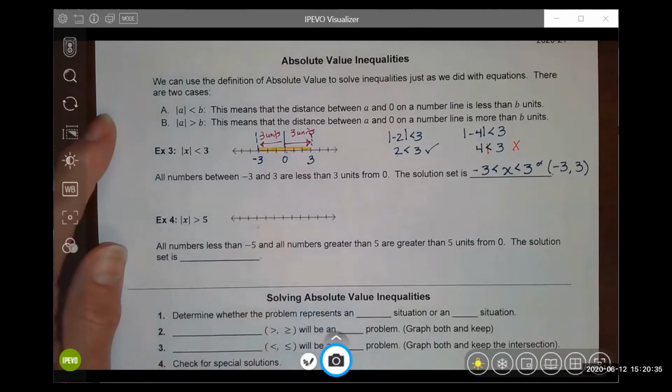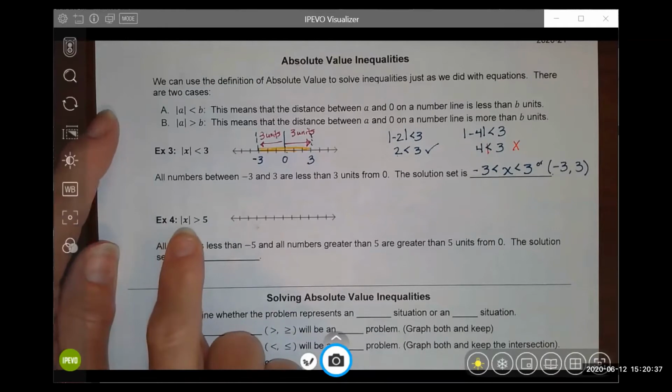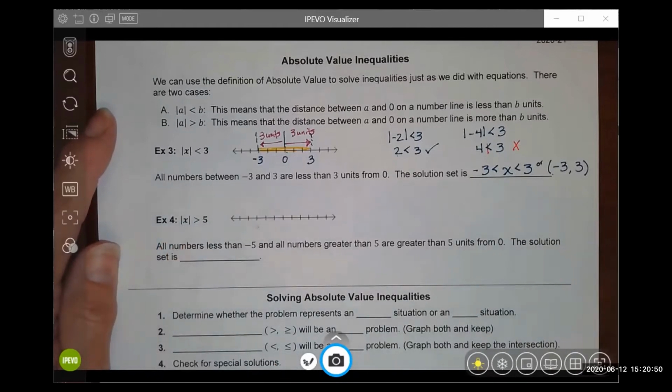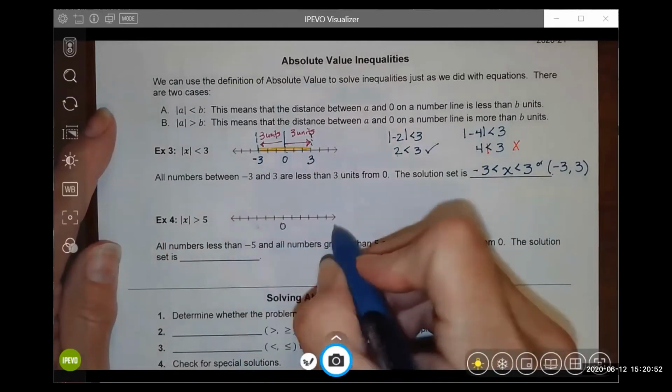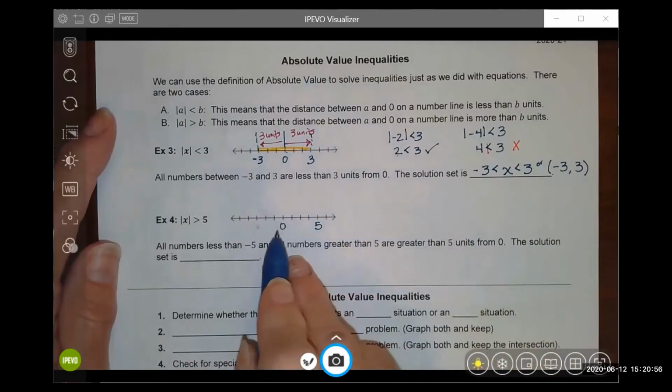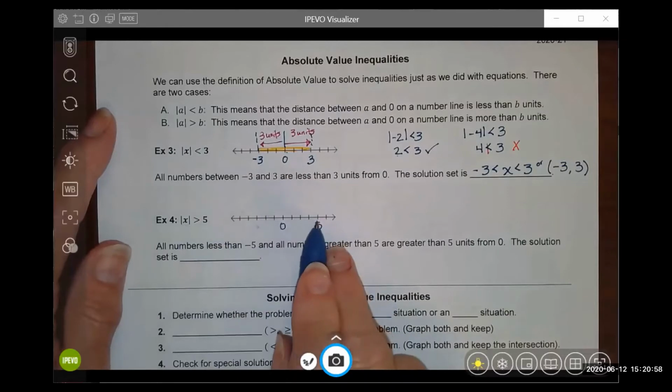There's another possibility. What about an absolute value of x that is greater than 5? Let's think about that. Whatever's inside my absolute value grouping symbol has to evaluate to a number that is greater than 5. So if I put 0 on my number line, my number inside of here has to be bigger than 5.